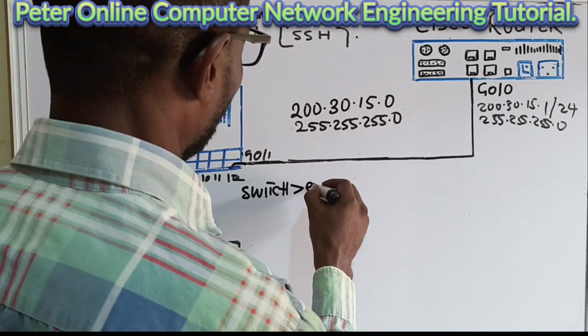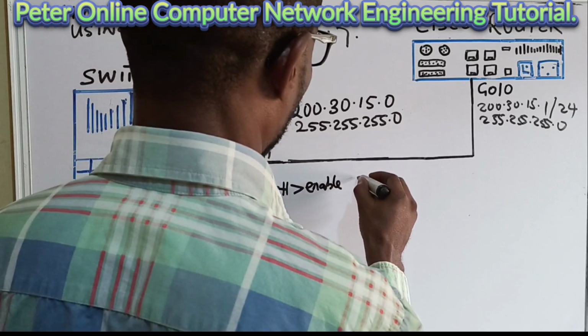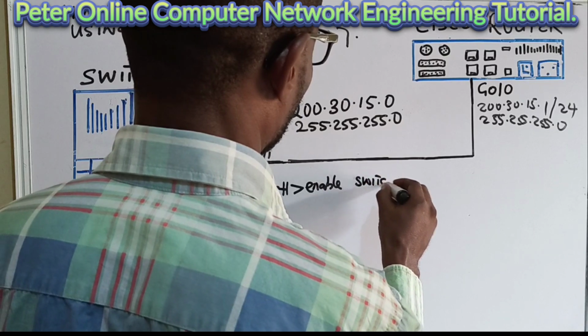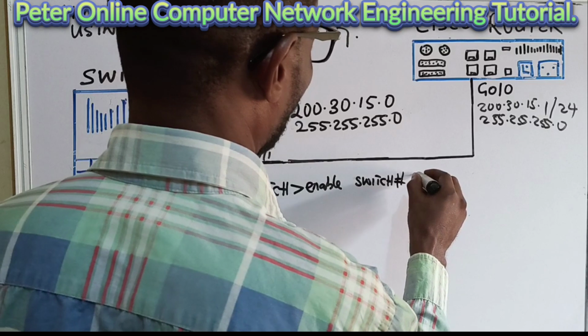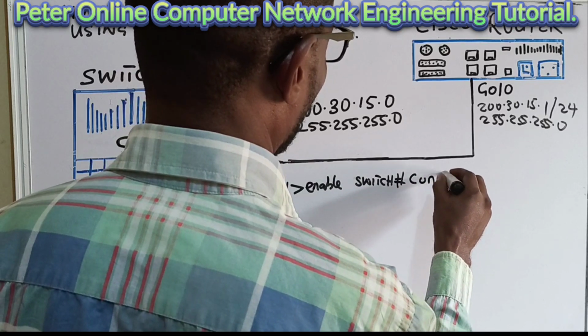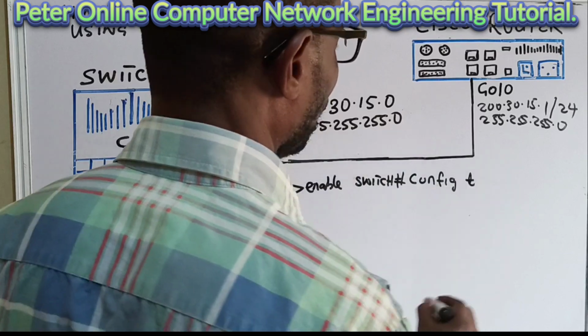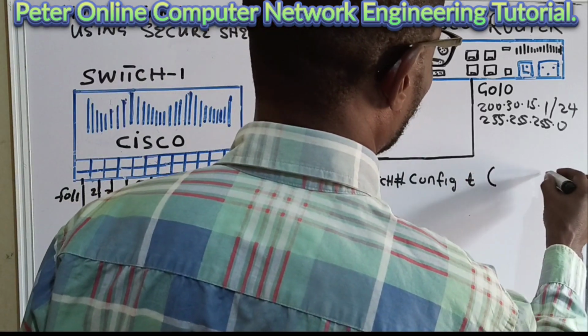You put enable and hit enter to come to privilege mode, where you put configure terminal, or config t for short. You hit enter to come to global configuration mode.